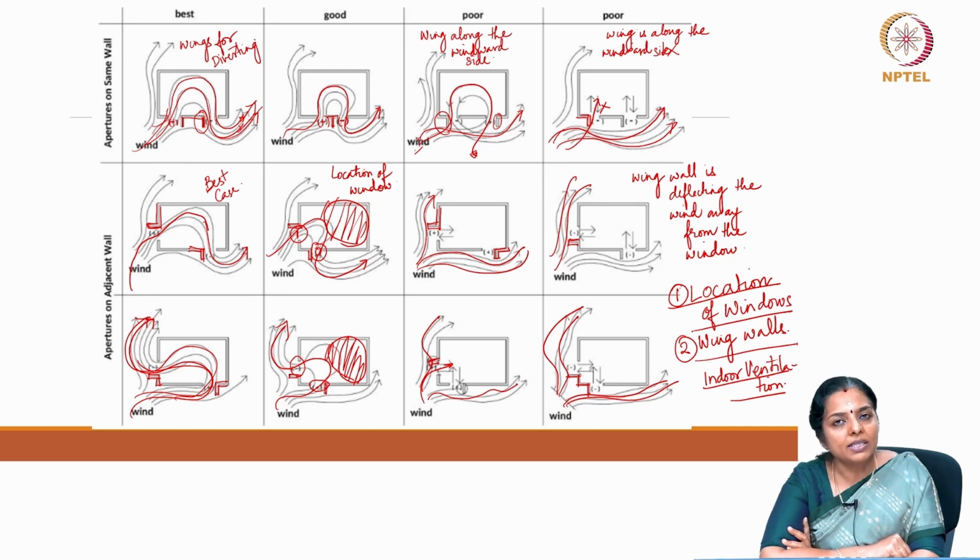We will stop this class today, and we will continue to learn about the significance of openings in passive design, as passive design is an important criterion for reduction in operational energy.